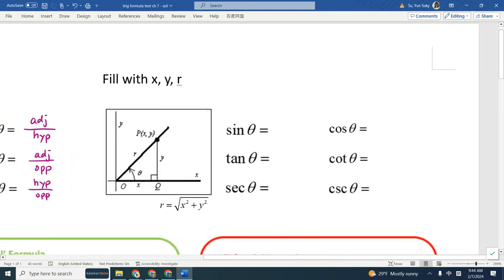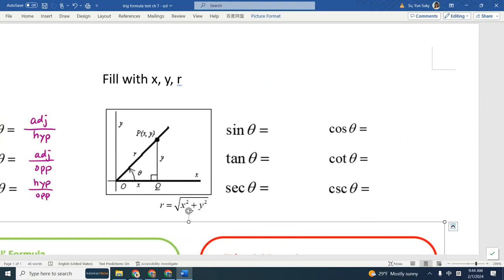Okay, and next, you need the ratios on the circle, right? Sine theta, Emily: y over r. Good. Cosine theta: x over r.